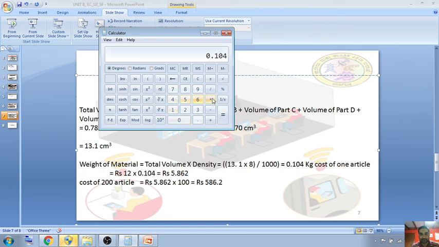So 0.104 into 12 rupees for one article.